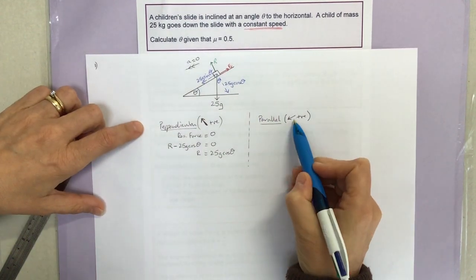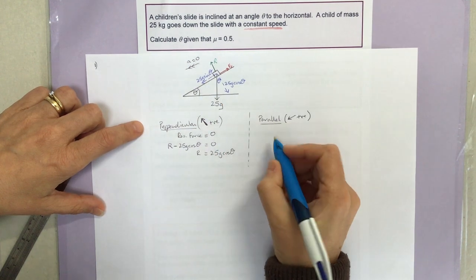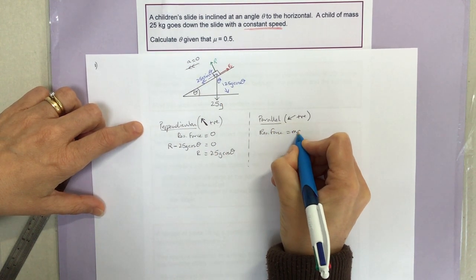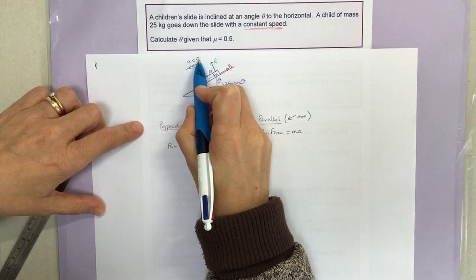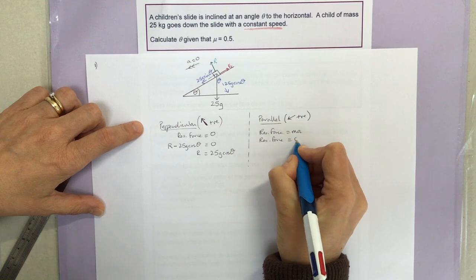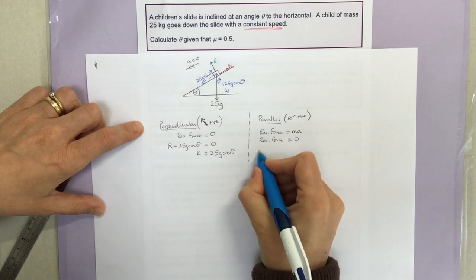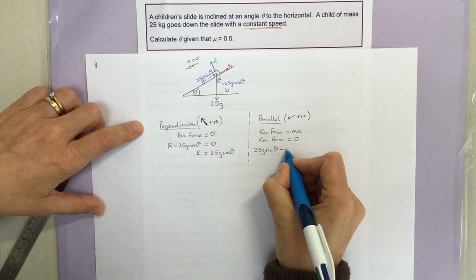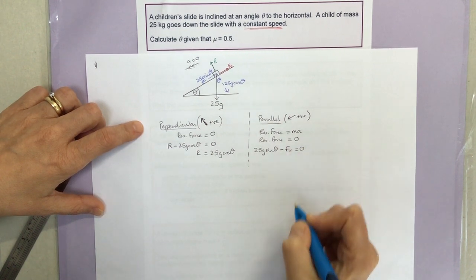So parallel to the slope, my overall motion is downwards. So again here, resultant force equals ma. But here the acceleration is 0, so actually this is going to be 0 as well in this particular case. And my resultant force down the slope is 25g sine theta minus my friction is 0.